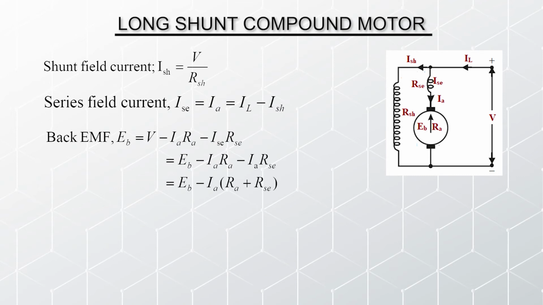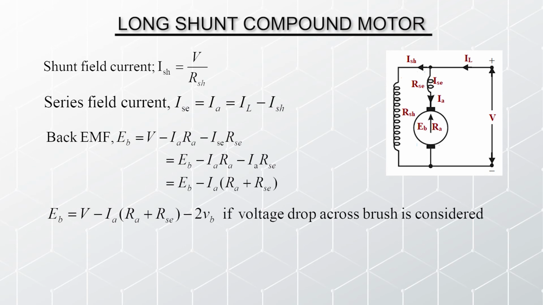So if you are considering the voltage drop across the brush, then you can write the final expression for EB as V minus IA multiplied by (RA plus RSE) minus 2 VB, where VB is the voltage drop across the brush.